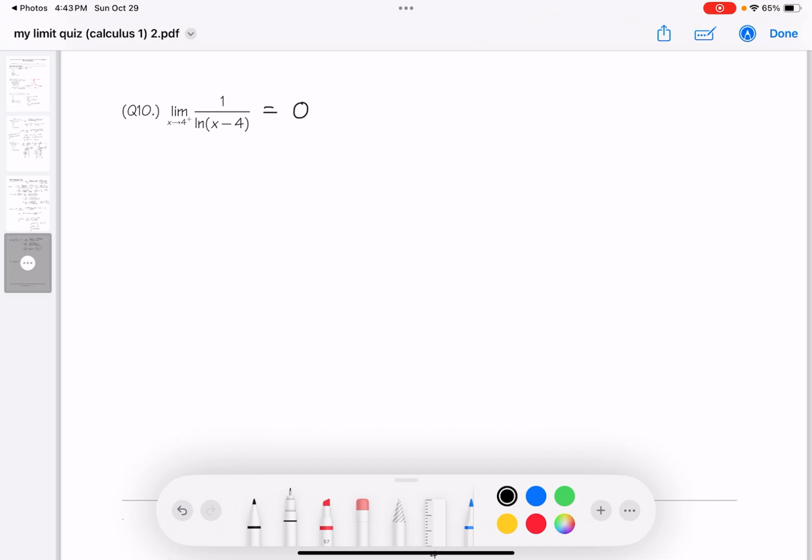All right, I realize people are going to argue there's no work over there. If you want to put work down, what you could do is you could write this over here, equals, 1 over natural log, limit as x goes to 4 from the right side, x minus 4. Kind of like, a lot of work here.